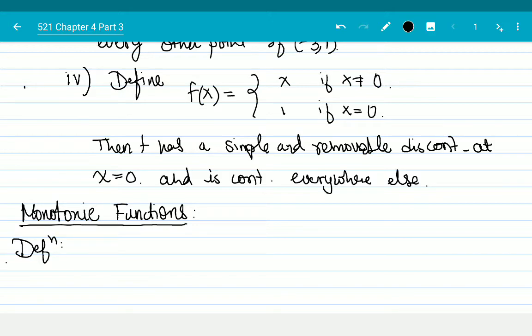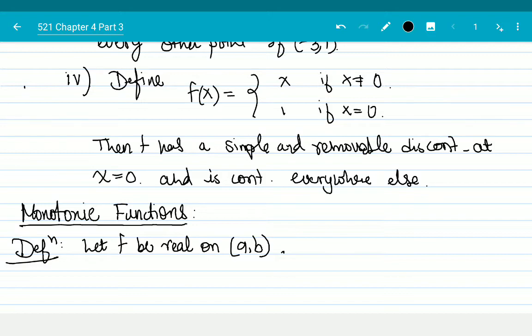You have seen monotonic functions before in calculus, so this shouldn't come as a surprise for you. Let f be real on a, b. That is to say, it is a real valued function defined on interval a to b.